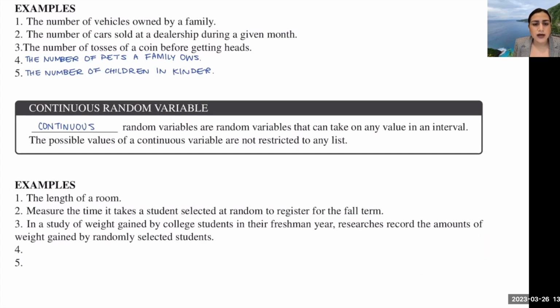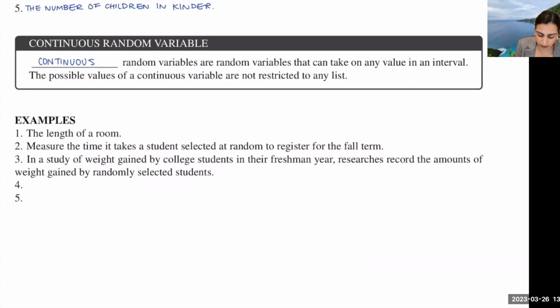The possible values of a continuous variable are not restricted to any list. So for example, let's suppose that we're looking at the interval between 0 and 1. A continuous random variable can take any value in any interval.